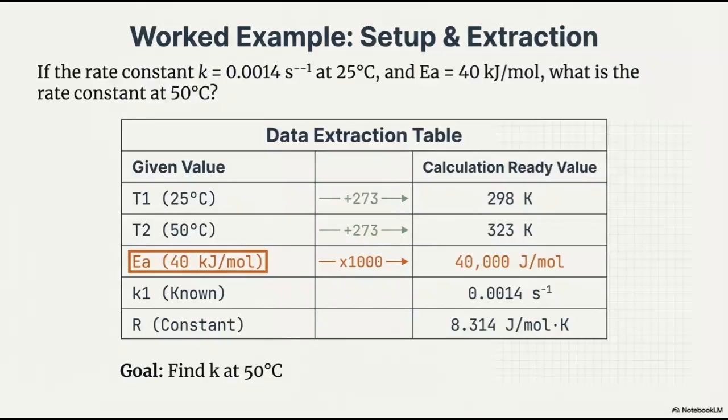So we already know we need the Arrhenius equation. So I am going to write that down. So that's the version of the equation: natural log of K1 over K2 equals activation energy over R times 1 over T2 minus 1 over T1.